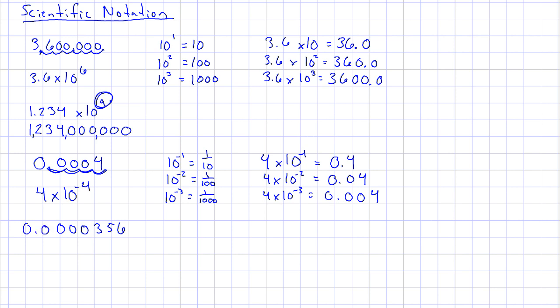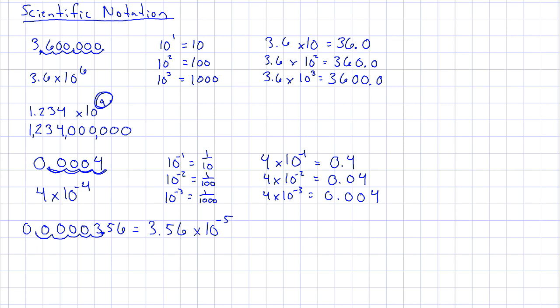So here again, I'm going to move the decimal to the right until I reach just one of the non-zero numbers. So 1, 2, 3, 4, 5. I'm going to stop there. I only want one non-zero number, okay? So 1, 2, 3, 4, 5, and then I rewrite this as 3.56 times 10 to the negative fifth.